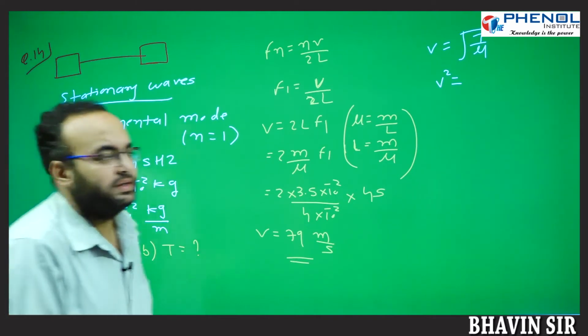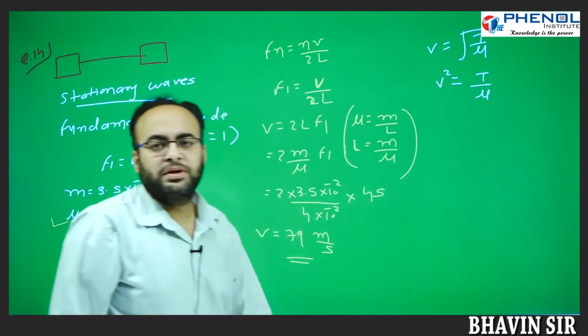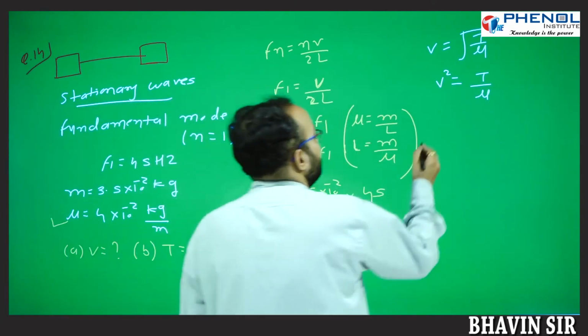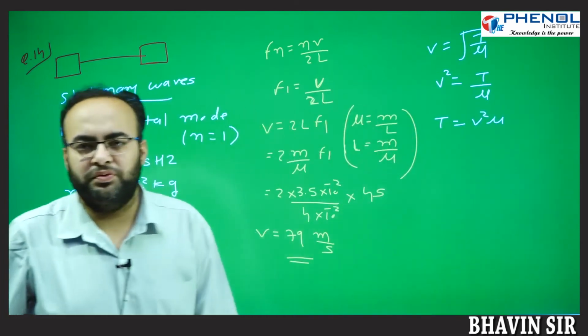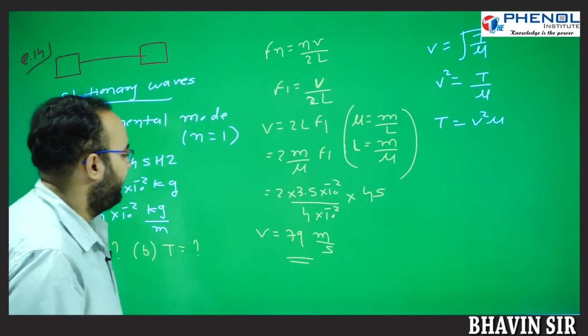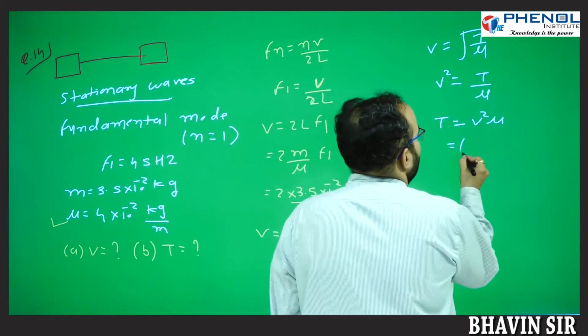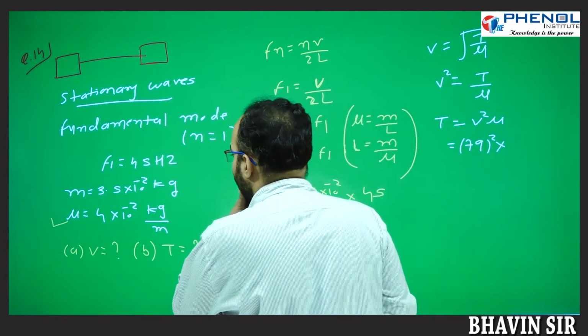So v square is equal to T by mu. So tension T is equal to v square into mu. What is the speed? 79. What is mu? Linear mass density.